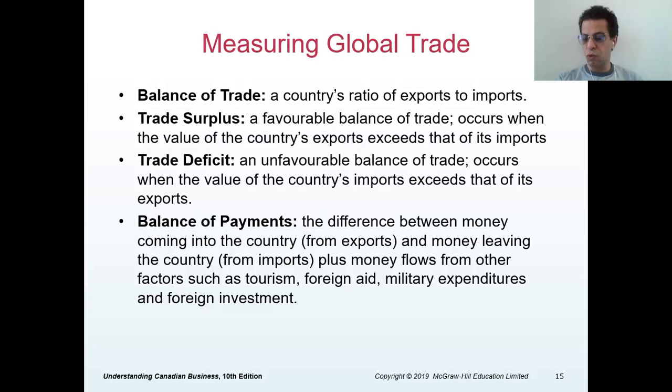But when you have what's called a trade surplus, which is a favorable balance of trade, it occurs when the value of a country's export exceeds its import. So if I'm exporting $10 billion worth of goods and services and importing $7 billion worth of goods and services, that's a $3 billion trade surplus.